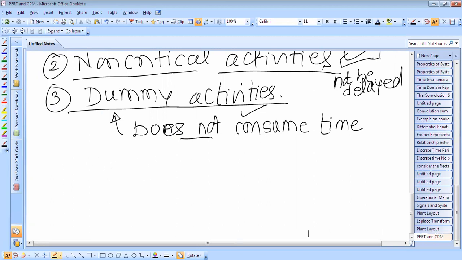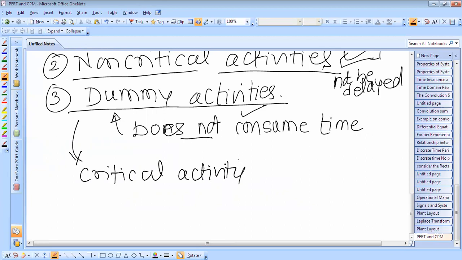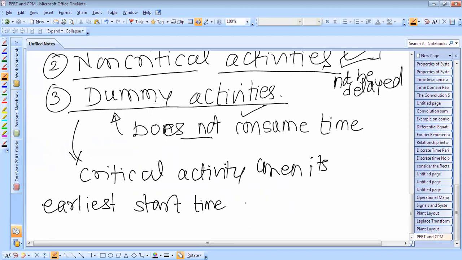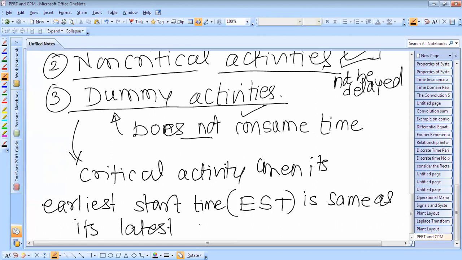So dummy activity may be a critical or non-critical activity, and this dummy activity becomes the critical activity when its earliest start time, which is generally denoted by EST, is the same as its latest finishing time.